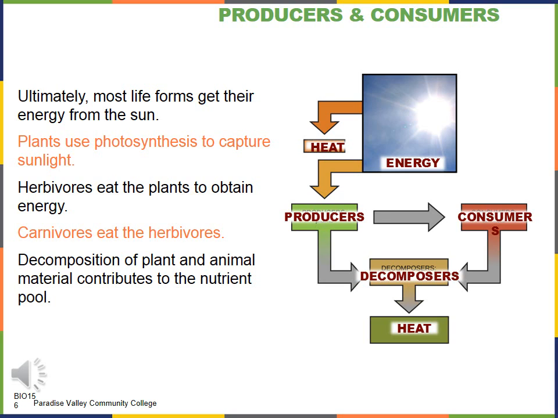Okay, and so when plants and animals, producers and consumers, die, decomposers will be able to feed upon these organisms and gain their energy. And again, some is lost to the atmosphere as heat.